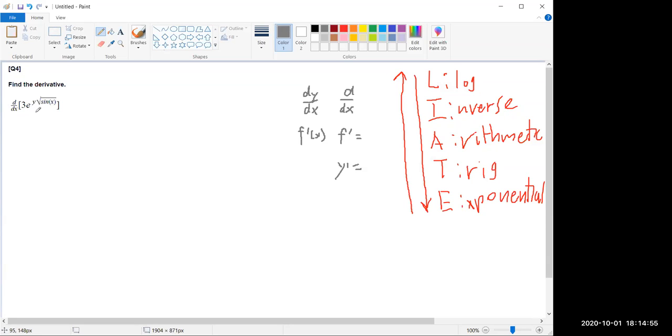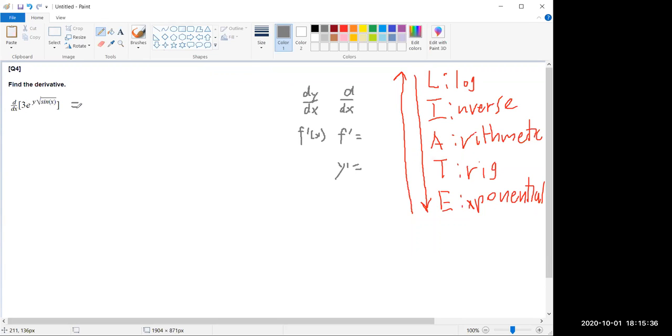Anyways, for this one, it's exponential, right? E, and then there's an exponent that requires which rule? So what derivative rules do we need to solve this problem? Yeah, so for the exponent, we'll need product rule.